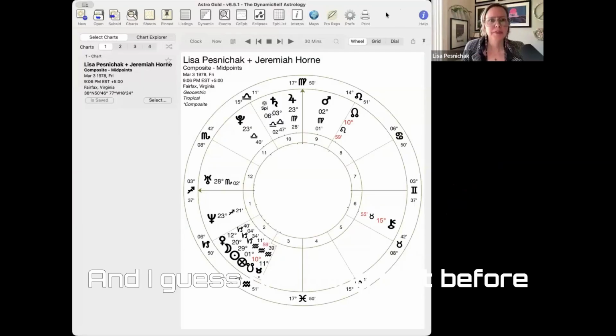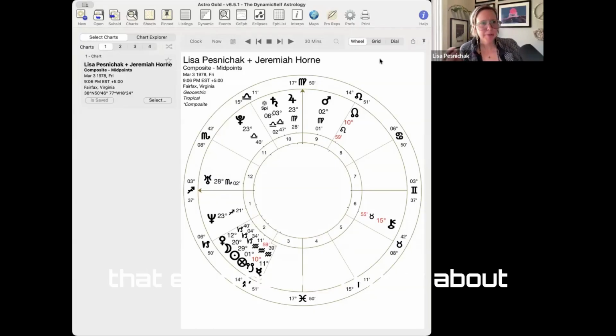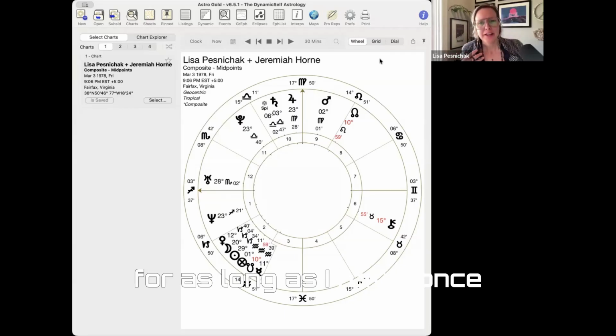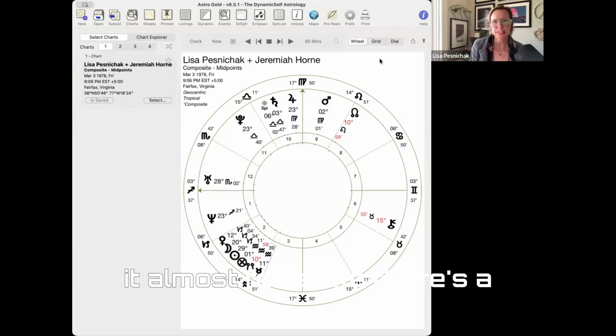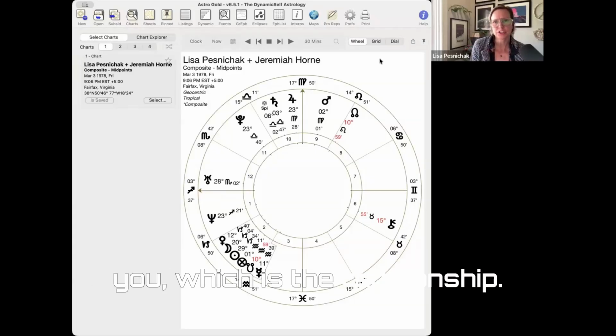And one thing that came to my mind before we really dive in is that even before I knew about composite charts, being married for as long as I have, once you're together long enough, it almost feels like there's a separate entity that's been created between the two of you, which is the relationship. I really see these composite charts as that living thing that's created once two people come together and form this bond with one another.